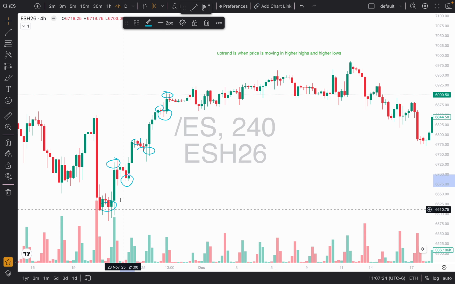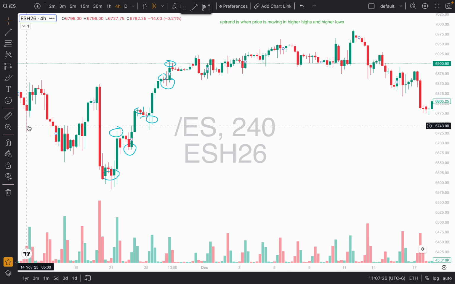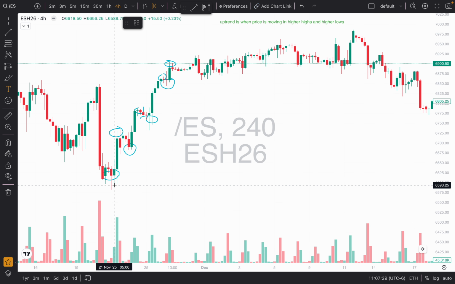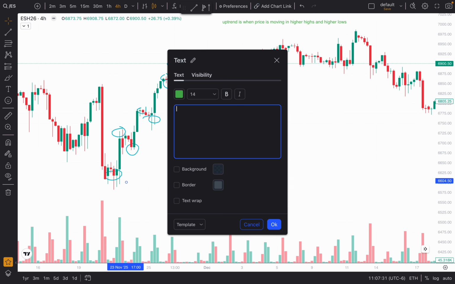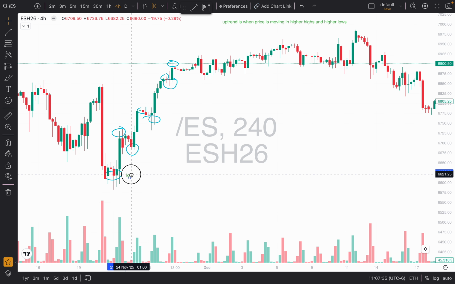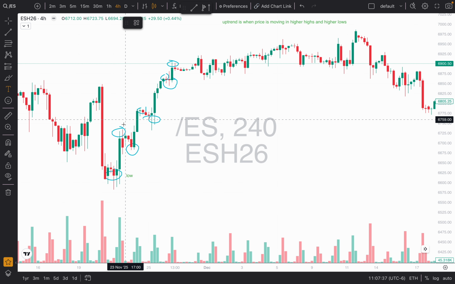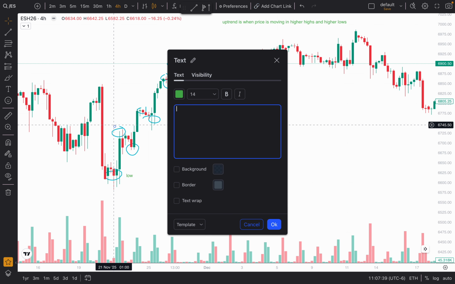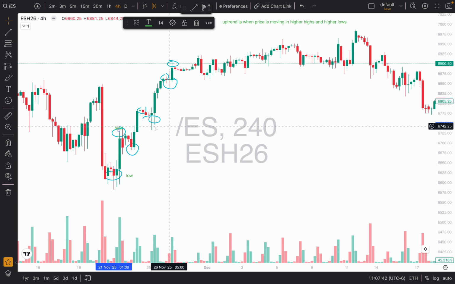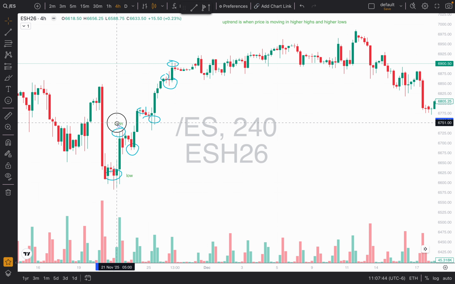We get a low right here. And I'm going to type it out for y'all so that we don't have to go all the way through everything. We get a low right here. We get a low right here. We get a high right here. This is going to be our first points for our lows and our highs. Boom.